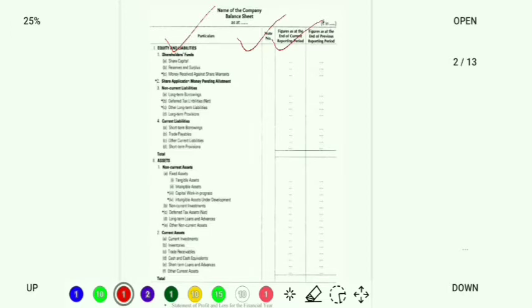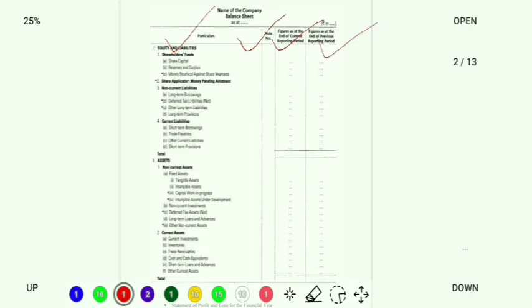If I'm taking into account year 2021, then the closing balance of March 2021 will be put over here, and the fourth column is my figures at the end of the previous reporting period. That means closing balance of March 2020 will be put over here. Clear? So these are the 4 columns that we have in the balance sheet format for my company accounting.